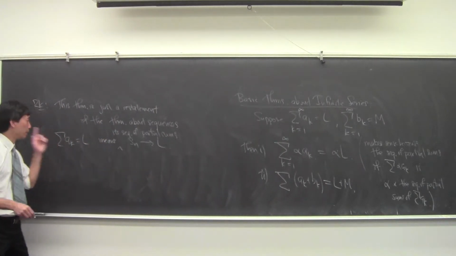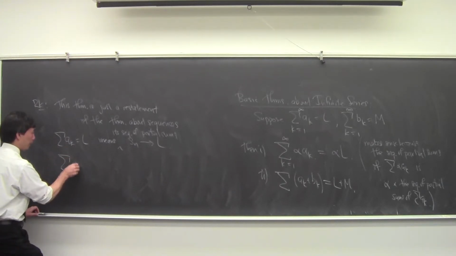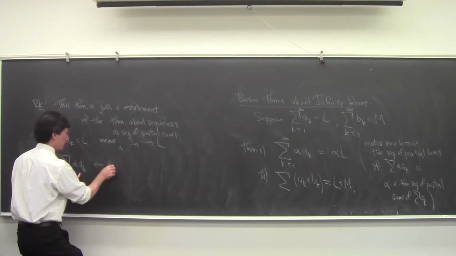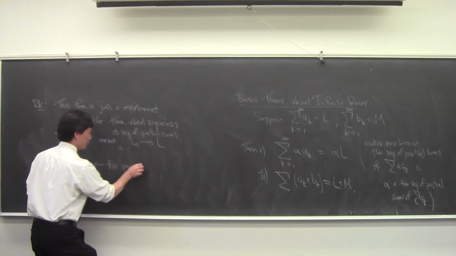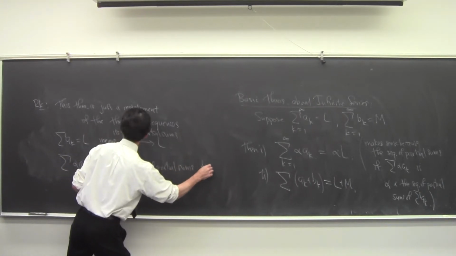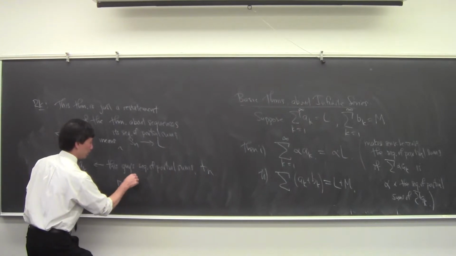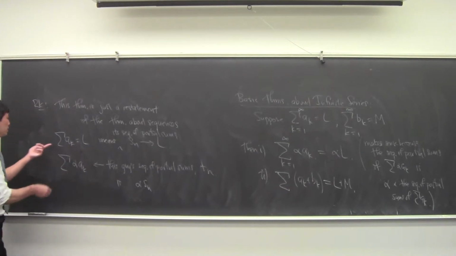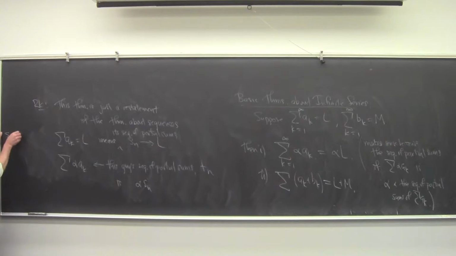What does this mean? This means that the sequence of partial sums, S of n, converges to L. Now look at this thing, alpha A sub k. This guy's sequence of partial sums, let's call it T sub n, is just alpha S sub n, because the sequence of partial sums is A1 through AN, and this guy's is alpha A1 to alpha AN, which is just alpha S sub n.